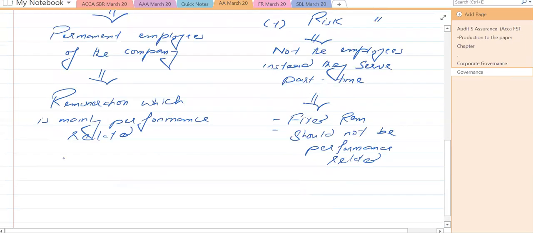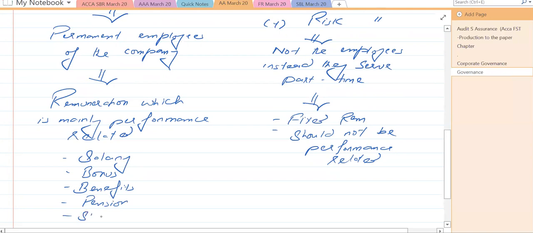The remuneration components of the EDs include salary, bonus, benefits, pension, share options, etc. The major component of their remuneration is performance related.